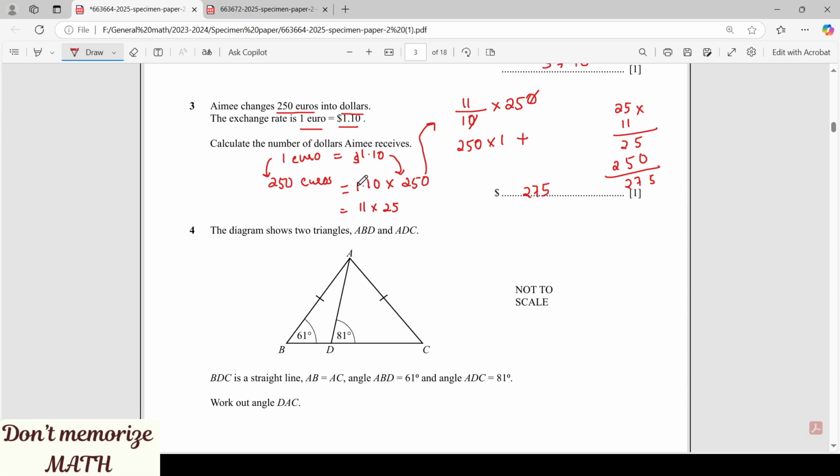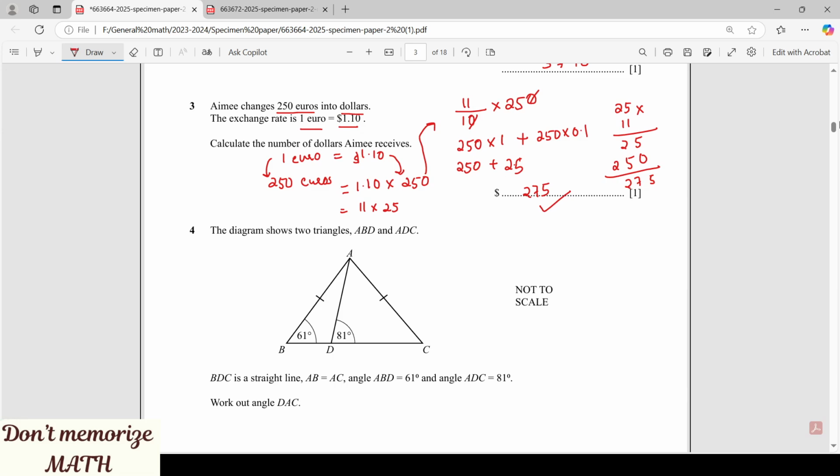So you can multiply with 1, and you can multiply 250 times 0.1 also. So 250 plus 250 times 0.1, which is 25. So 250 plus 25, again you will get the same answer, 275. Whichever method you are following, follow the same method. If you are in the final stage of preparation, don't change the method now.